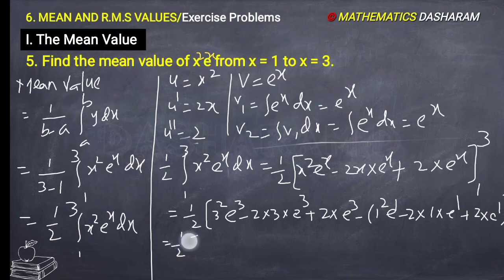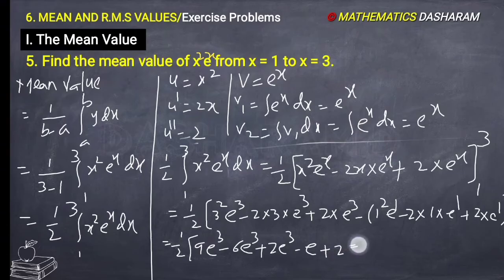Then it is equals to 1 by 2, 3 square, 9 e cube, minus 2 3s are 6 e cube, plus 2 into e cube, minus 1 square into e power 1 is e, minus into minus plus 2 into e, minus into plus is minus 2 into e.